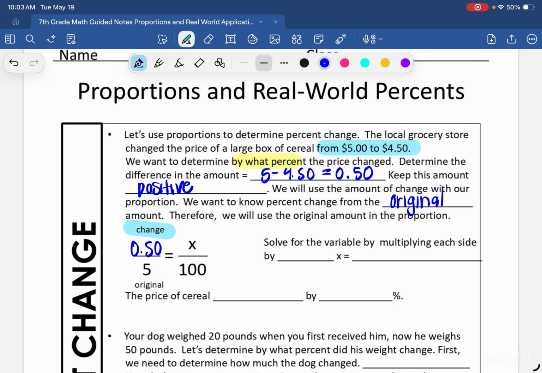Solve for the variable by multiplying each side by, well, my variable is already in the numerator, so I need to multiply each side by 100 to get it by itself. So 100 times 0.5 divided by 5 is going to give me 10. So the price of cereal decreased by 10%.